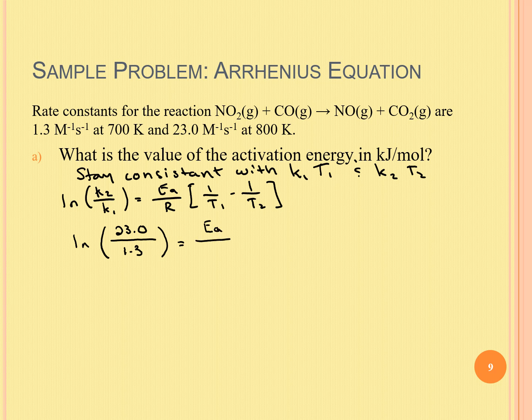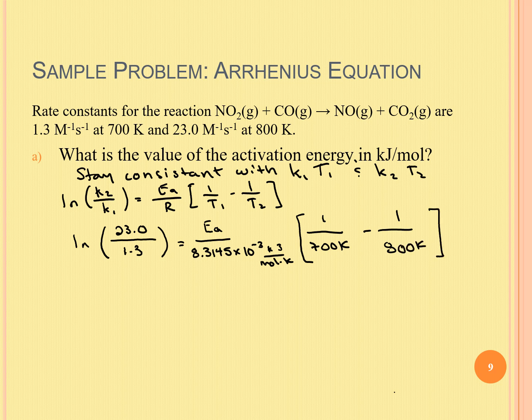We're looking for that in kilojoules per mole. So I'm going to put my R in kilojoules, 8.3145 times 10 to the minus third kilojoules per mole Kelvin. Remember, this is not the gas law constant for PV equals nRT. Now 1 over temperature 1. Well, I called K1 1.3, so temperature 1 has to be 700 Kelvin. 1 over temperature 2, which thus must be 800 Kelvin.